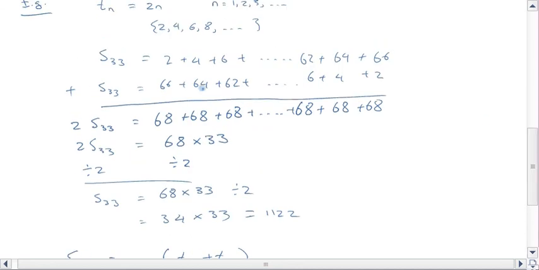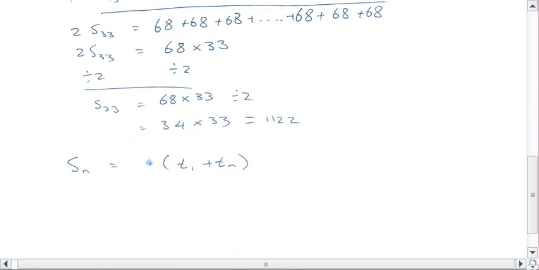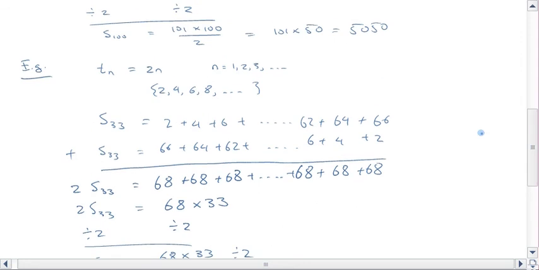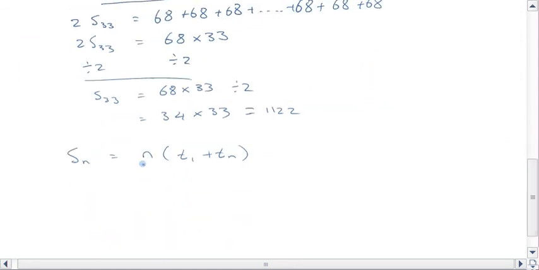And I should probably do that n times. But then remember, we always had to divide by 2 as well. So Sn is n divided by 2 times t1 plus tn. So that's what I reckon. I'm going to put that in a box because it's important.